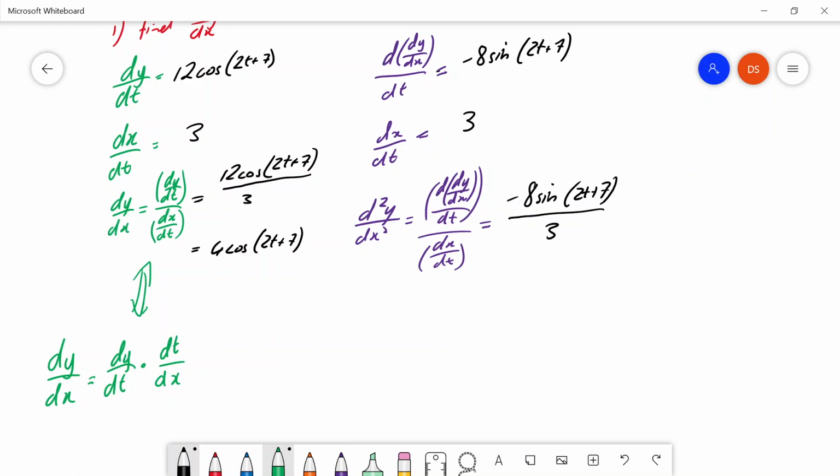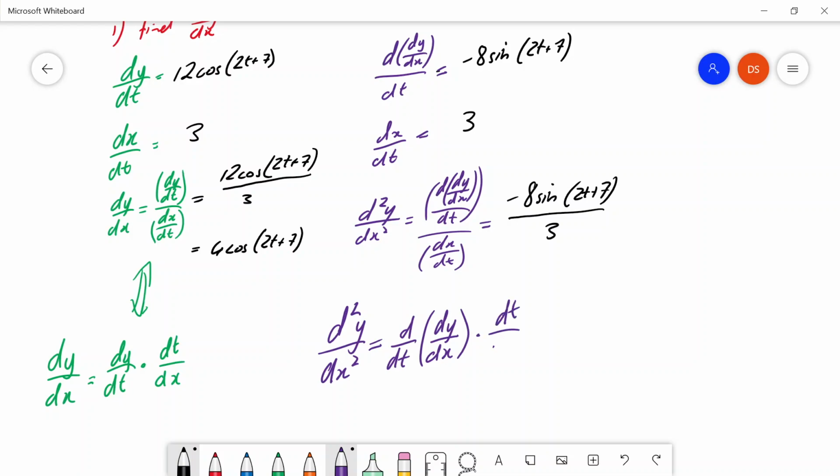And then your formula sheet has d squared y divided by dx squared written as d by dt of dy by dx multiplied by dt over dx. Once again, dividing is the same as multiplying by the reciprocal. And so once again, they are actually one and the same. The only difference is I don't like to set up these equations and work out the reciprocals. I like to use fractions.